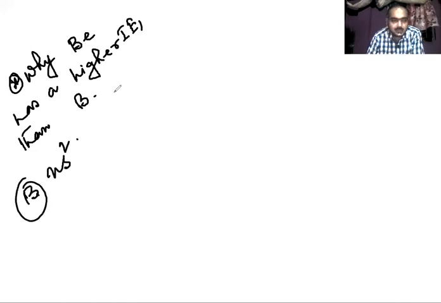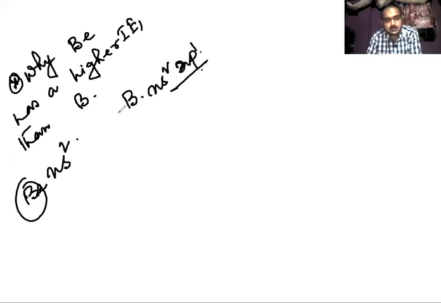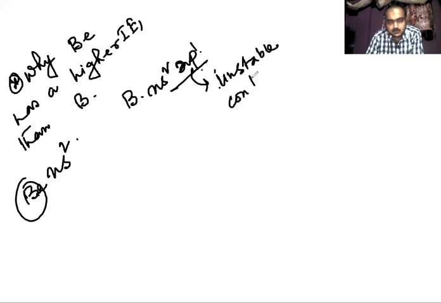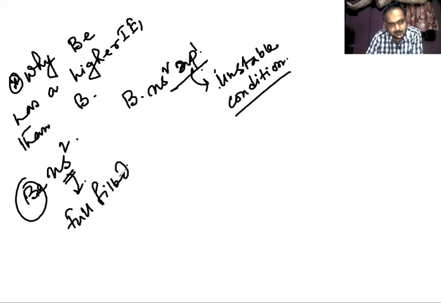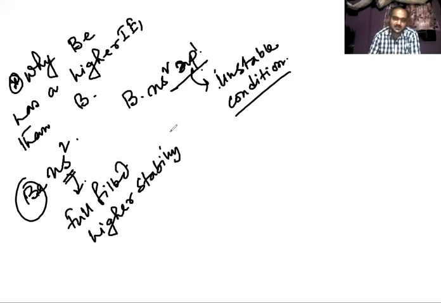The electronic configuration of boron is ns2 np1. Now you see here the p orbital is in an unstable condition because it is partially filled. But here the s orbital is fully filled. Fully filled means higher stability.